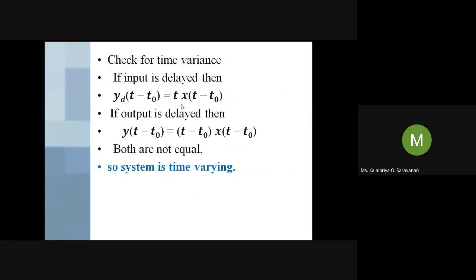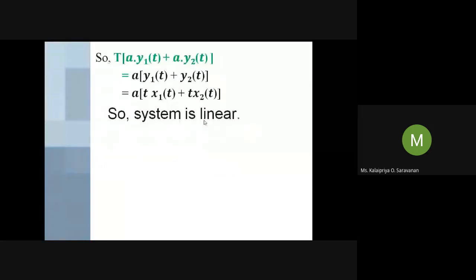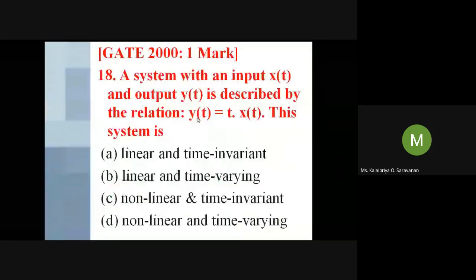If you delay the input, you will get t x of t minus t naught. So it becomes t minus t naught. For this delayed input, what will be the observed output? The output is then delayed. To find out the delayed output, what you'll have to do is take the question y of t is equal to t into x of t.